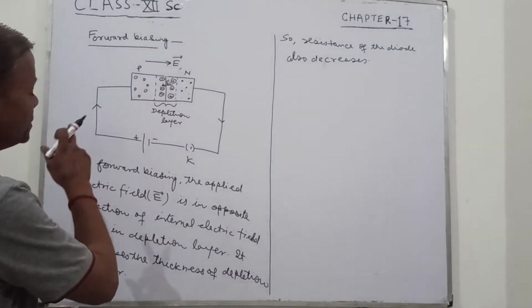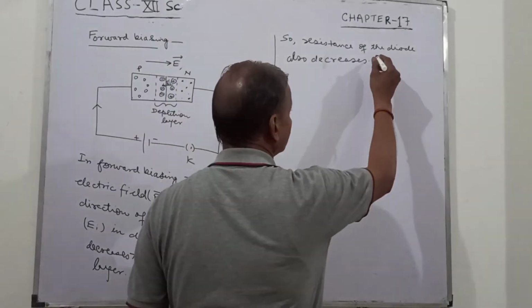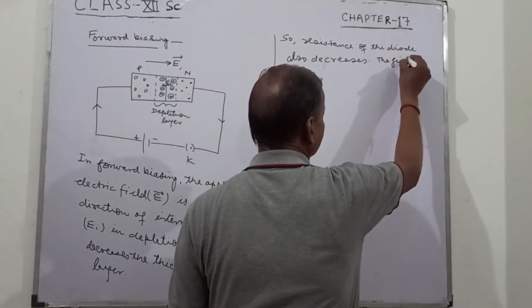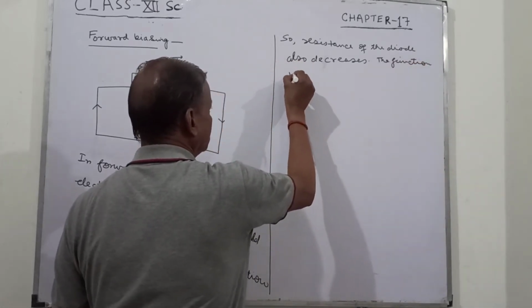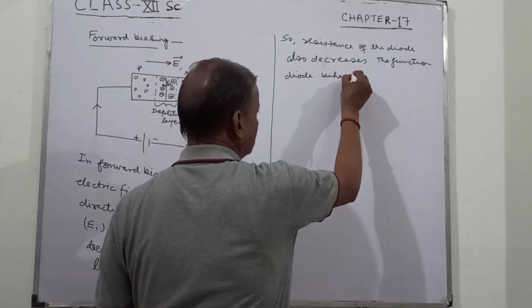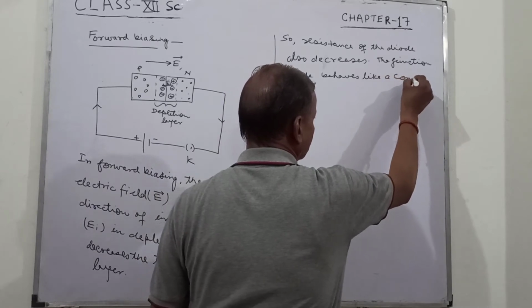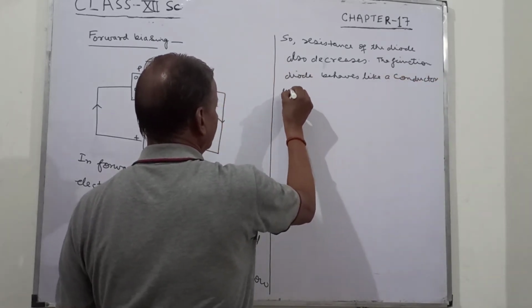In this situation, the junction diode behaves like a conductor. The junction diode behaves like a conductor in forward biasing.